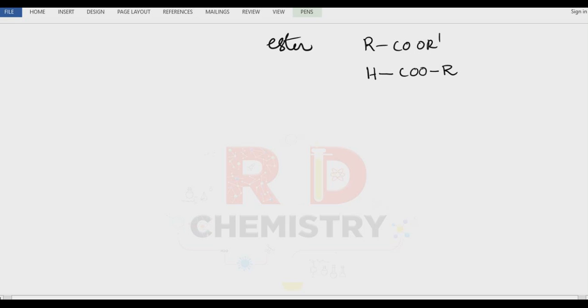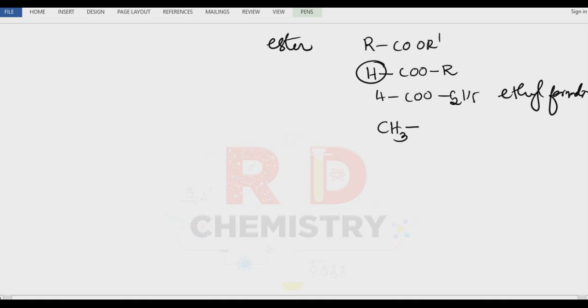Let me take one example: HCOO and C2H5. This is ethyl formate. Okay, instead of hydrogen, let me take CH3. Okay, CH3COO C2H5. This is the ethyl, and this part is the acetate part, ethyl acetate from acetic acid.